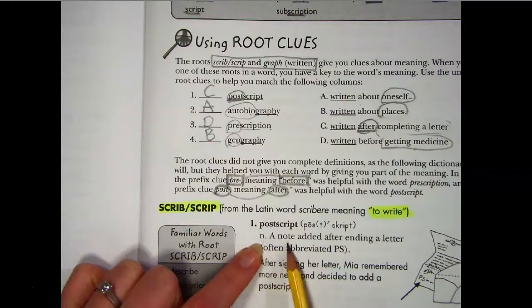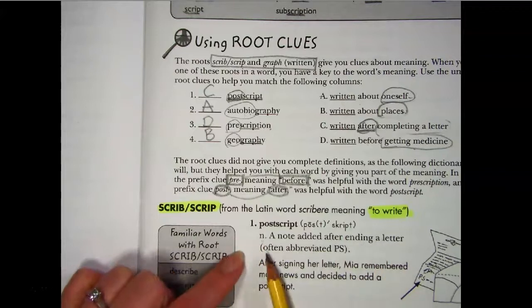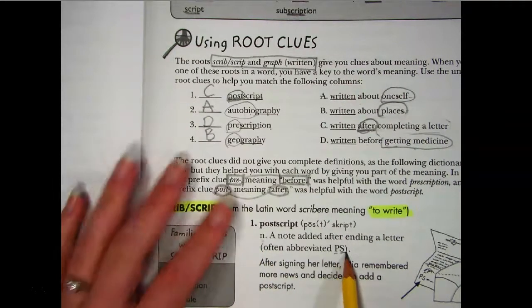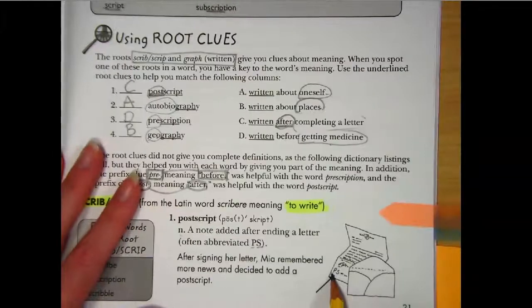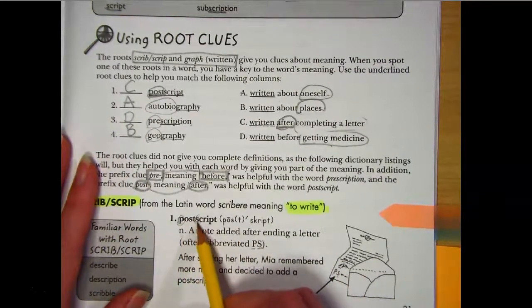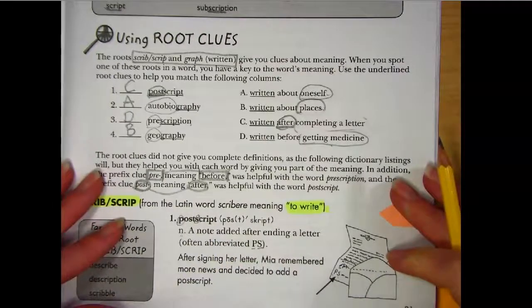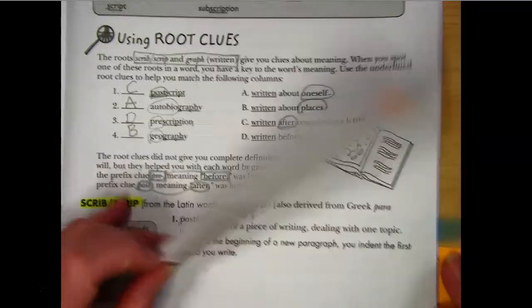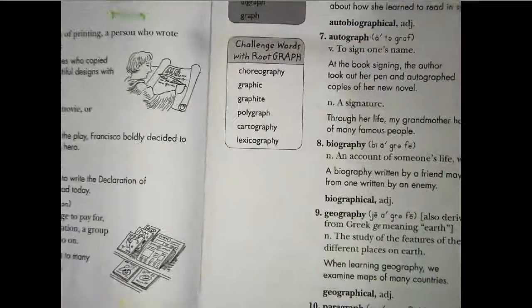A postscript is a note added after ending a letter, often abbreviated as PS. You might have seen letters or written letters that finish with a PS at the end of your signature. Did you know that that stands for postscript? So if that goes at the end of the signature, let's turn back to our lesson.